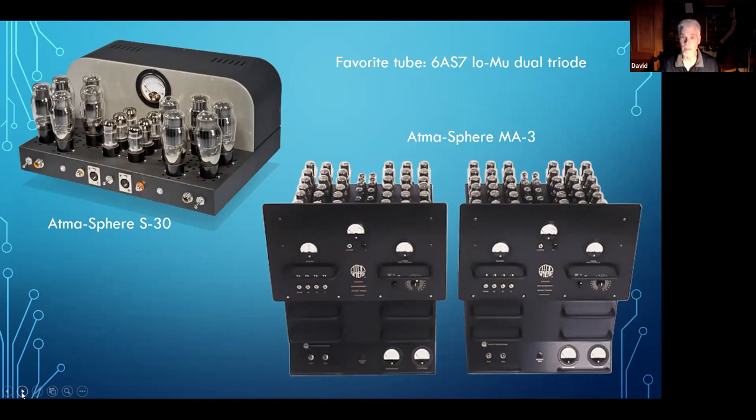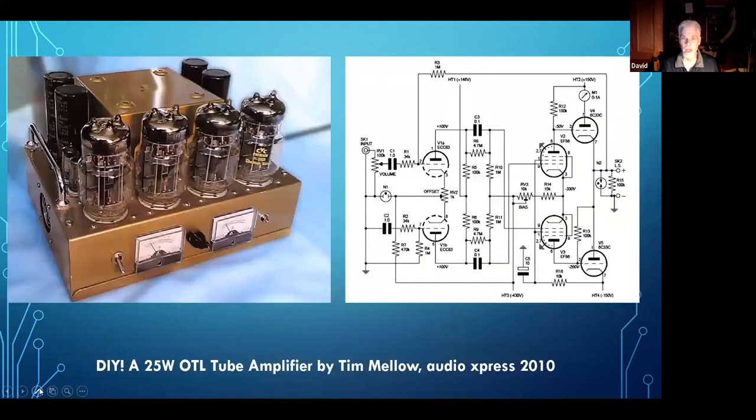When you use beam power tubes, you need more feedback to bring the output impedance down. With low mu triodes, you don't need so much negative feedback to get reasonable output impedances. It's not going to be real low, but it's going to be more reasonable than what you get with beam power tubes.